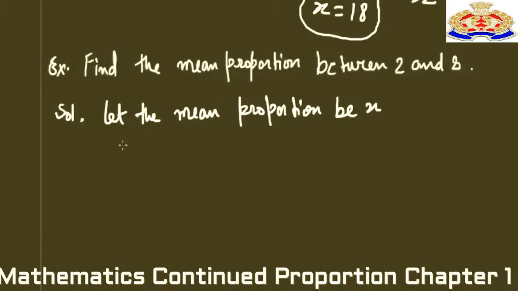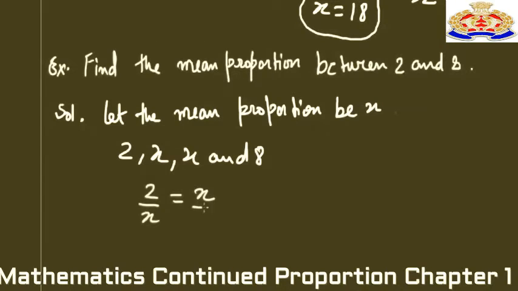So we can say that 2, x and 8 are in proportion. So we can write it as 2 upon x is equal to x upon 8. And on cross multiplying it we get 2 into 8 is equal to x into x, or we can say x square. When we multiply the same numbers we get square.